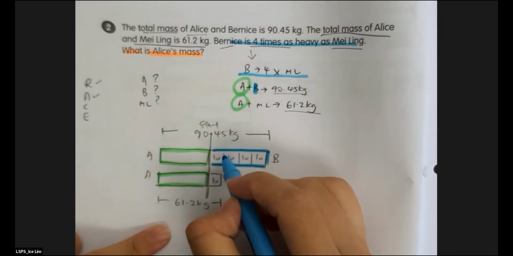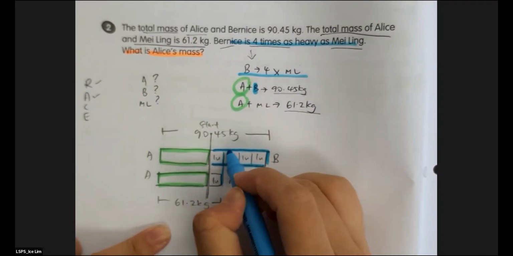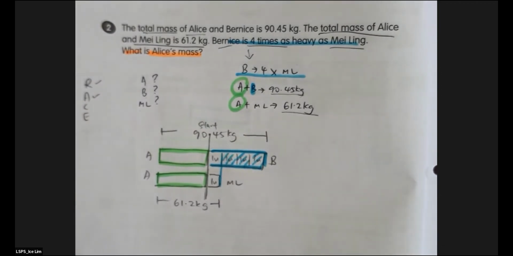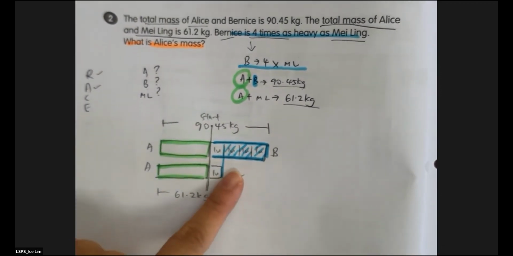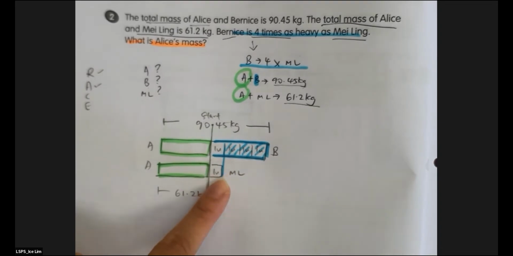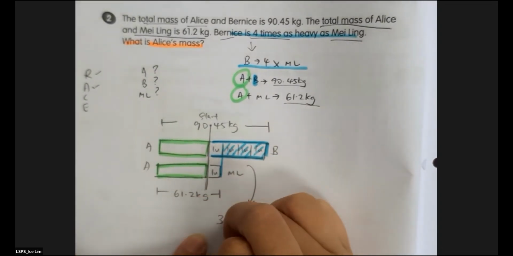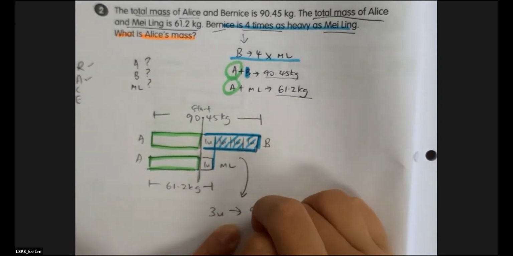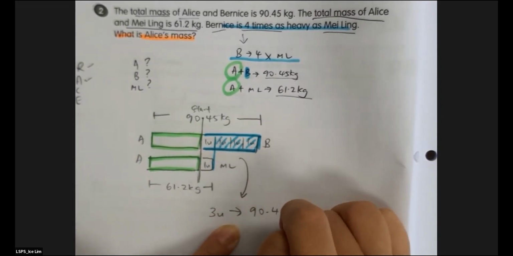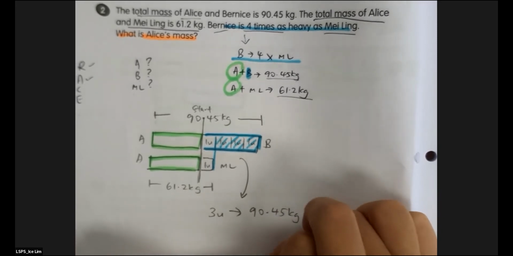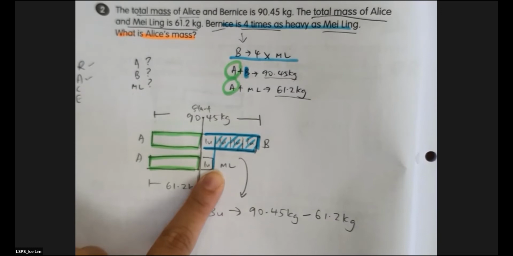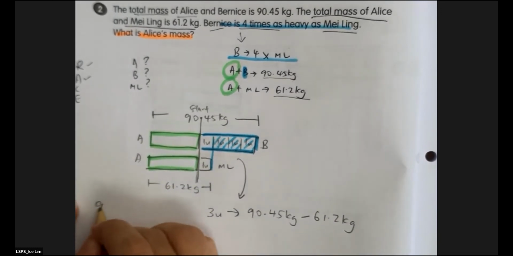So if you can see why I choose to draw a model, it becomes obvious to me that 3 units of mass will be 90.45 kilograms minus 61.2 kilograms. So I can do my working at the side.